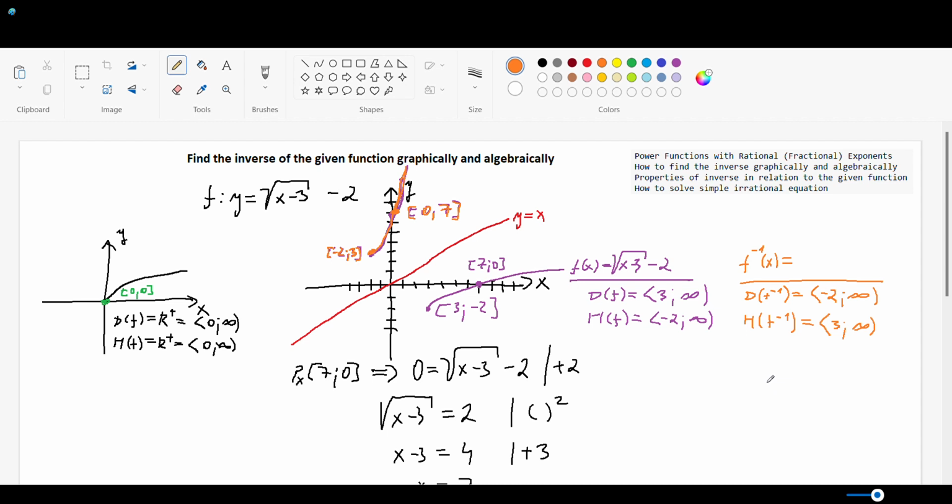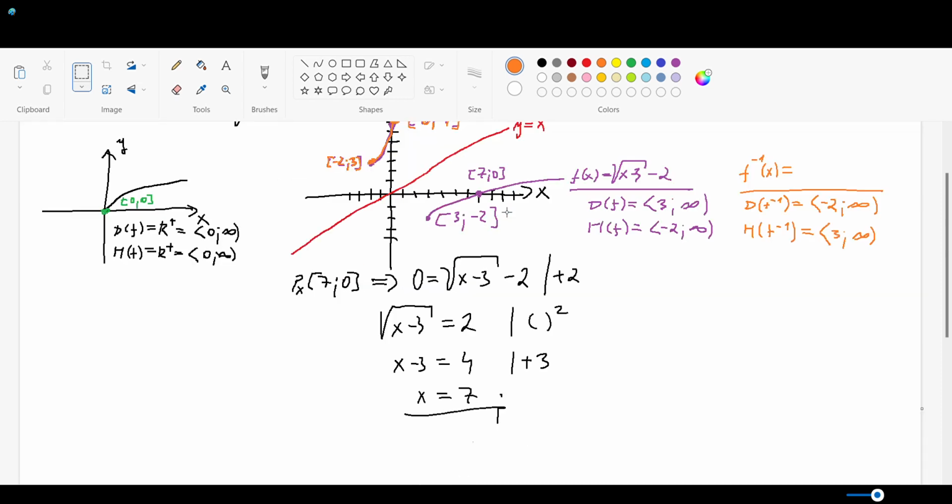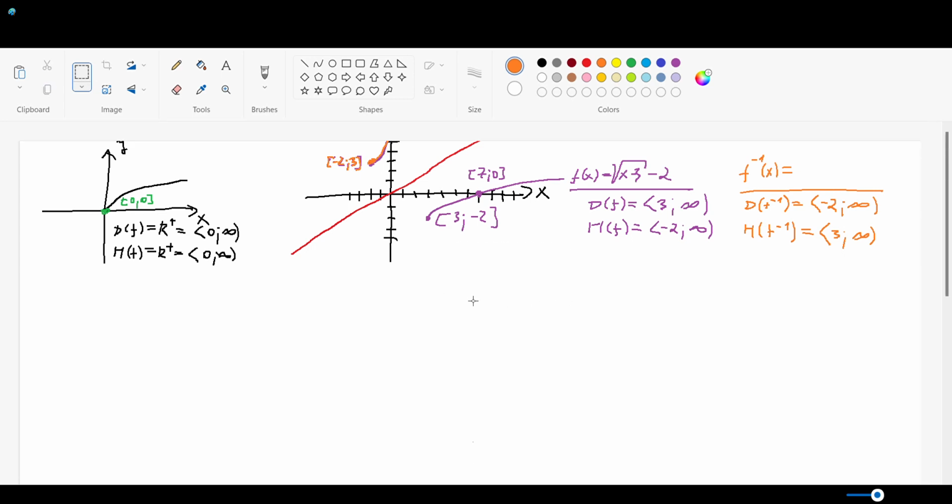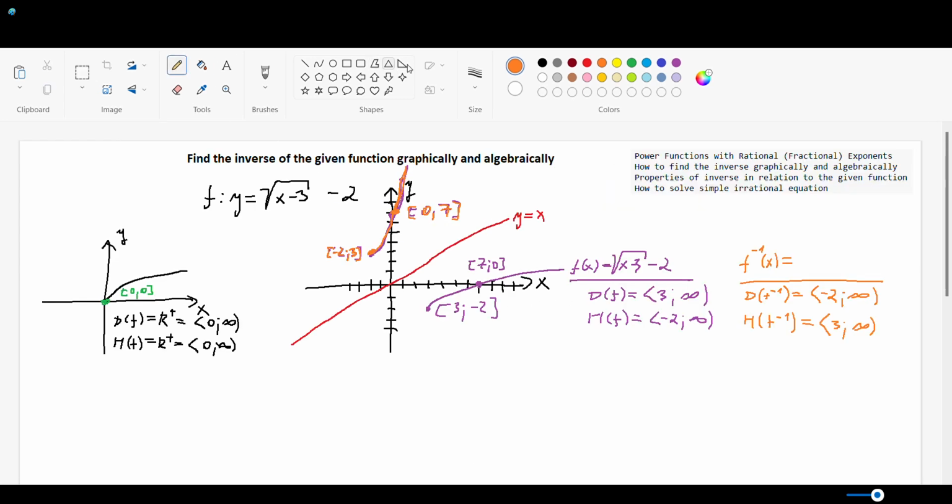Now let's find the inverse algebraically. For this purpose I will delete this part of the screen so that we have enough space.